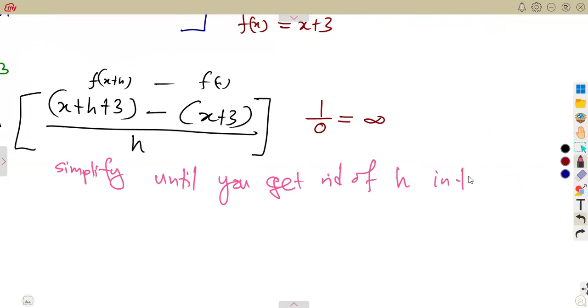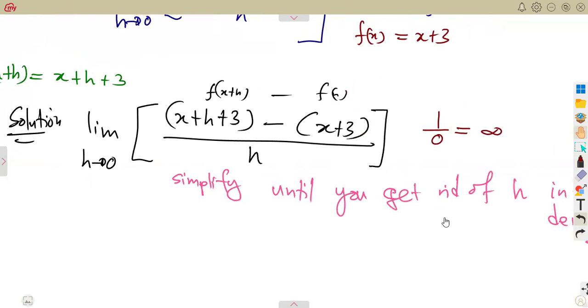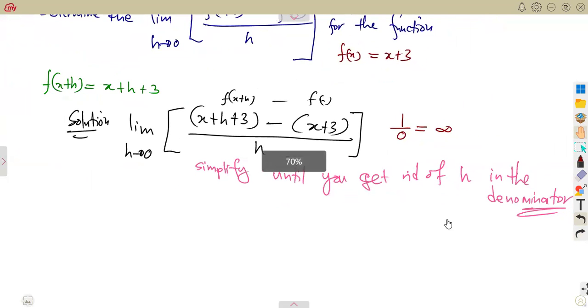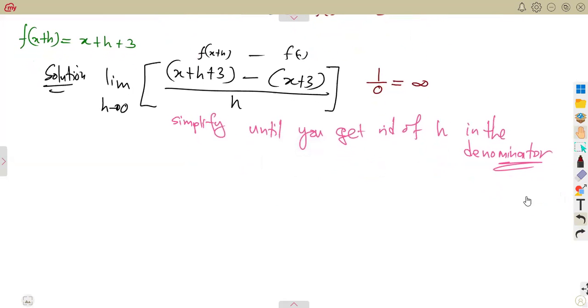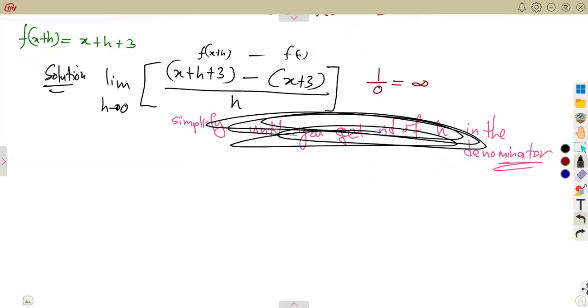That h in the denominator is the one that we need to remove, because it's limiting us to use these limits, because we do understand that the moment we substitute a 0 there, that's if we have not calculated anything. So it is limiting. So we have to simplify until we get rid of that.